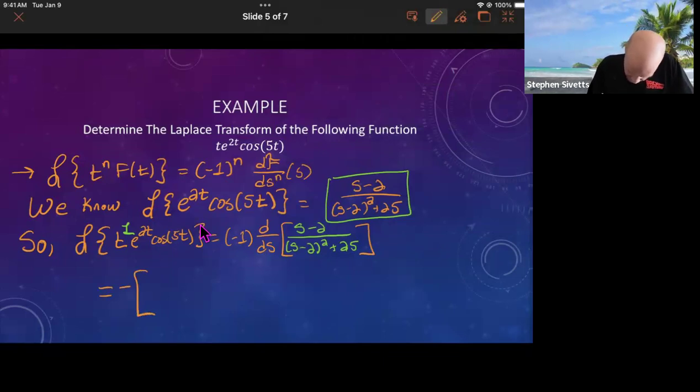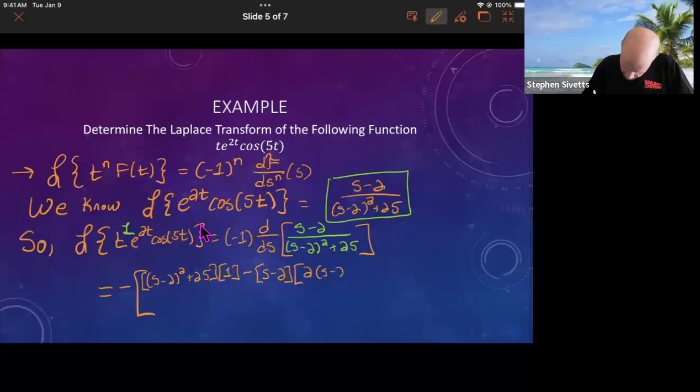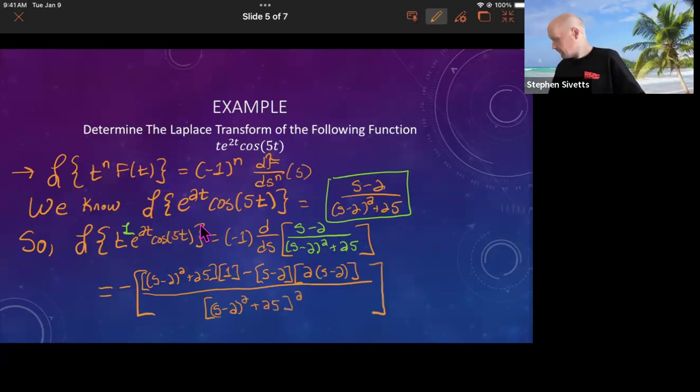Okay. So, low, (s minus 2) squared plus 25 times the high, which is 1, minus high times the low, which is the chain rule, (s minus 2) times 2 (s minus 2) over low squared. And here we go.